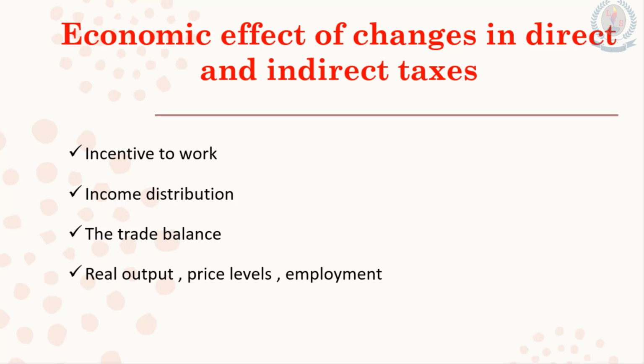This leads to a fall in consumption and a fall in the output demanded at any given price. Also, when tax rates are higher, people will have less disposable income, meaning they will demand less. This will lead to a reduction in the quantity demanded and also the price levels.